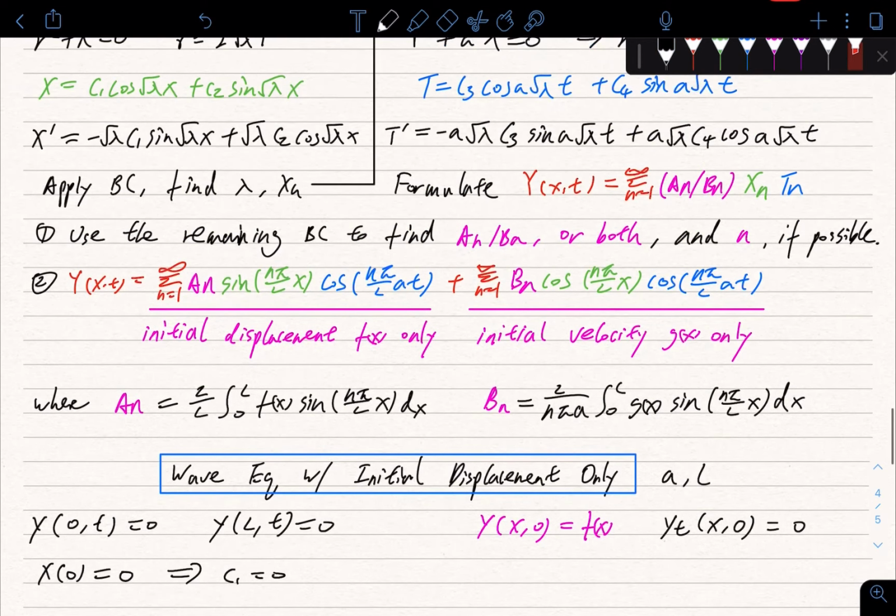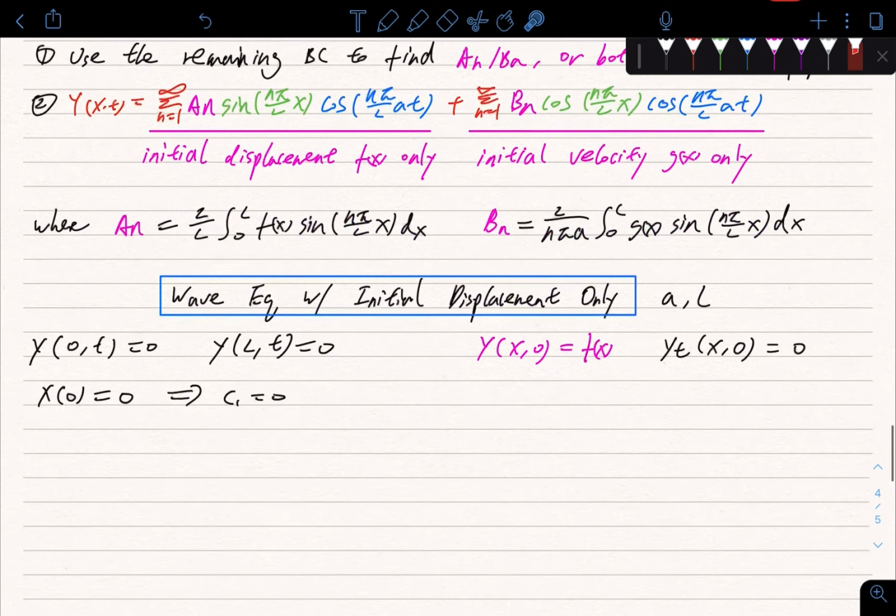Again, if you look at our x expression, at x equals 0, in order to let this entire expression equal 0, cosine becomes 1, so c1 then has to equal 0. So that will leave us our x term equals c2 sine of square root of lambda x.